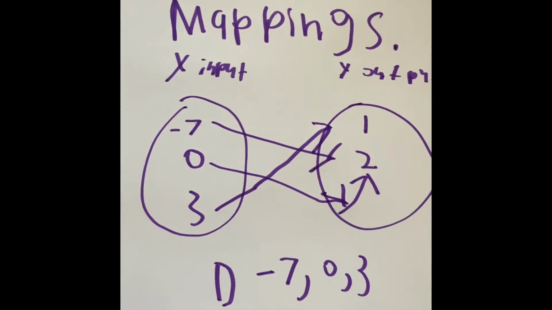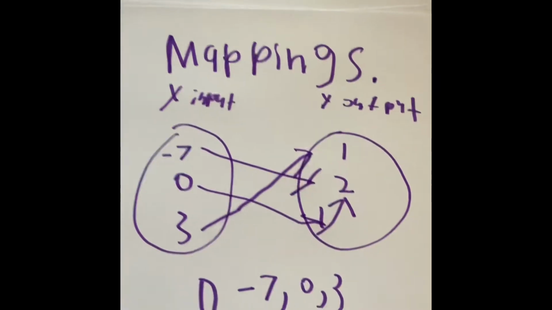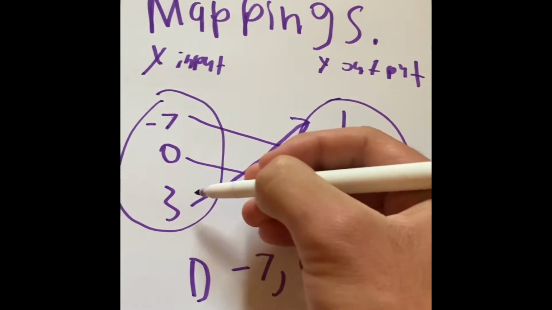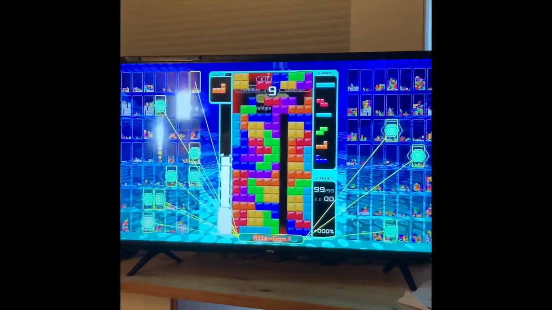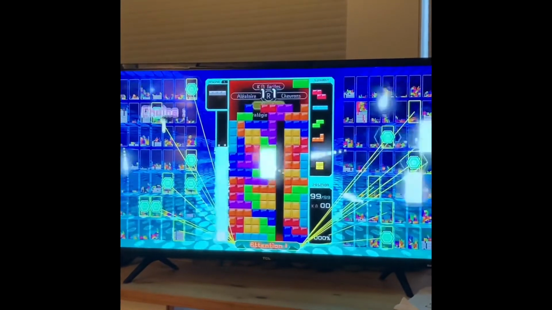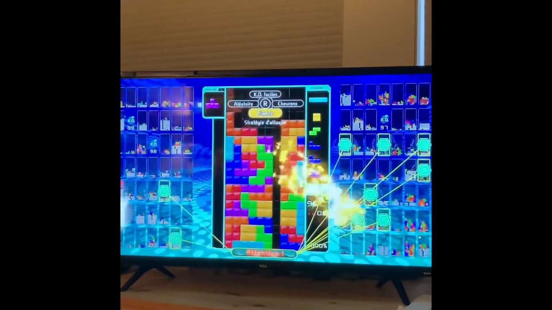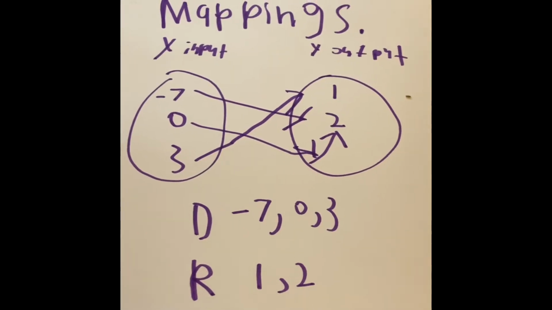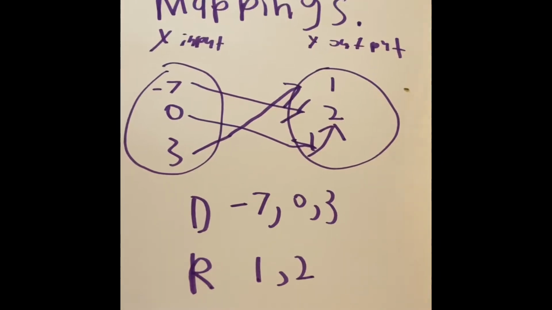So mappings is sort of like a ratio table, but it's another way of thinking about that. Just follow the arrow from the x input and see what you get for your output, for y. So mappings is another great way to represent a relationship, or a function.